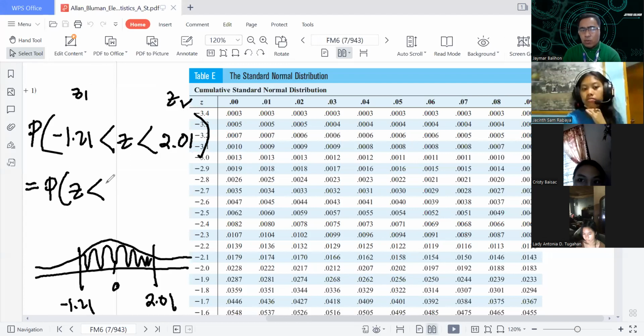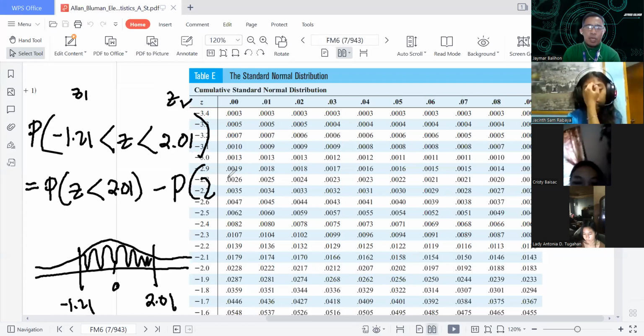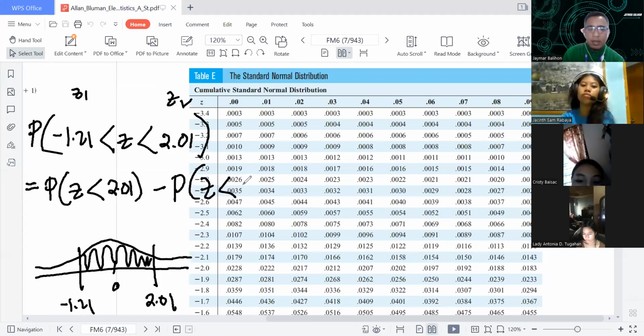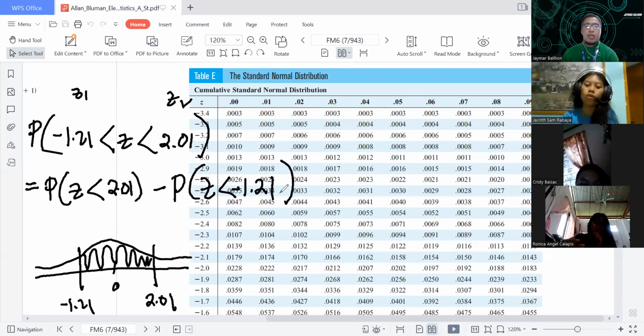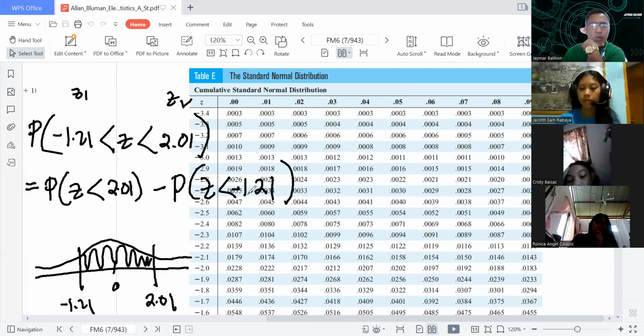What is z sub 2? 2.01. Minus the probability of z less than your z sub 1. What is your z sub 1? Negative 1.21.